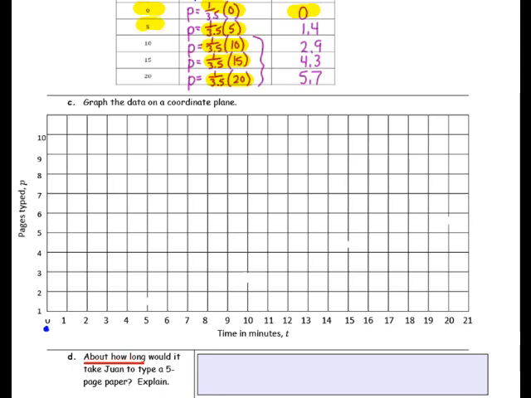Your next ordered pair is 5 minutes, 1.4 pages. Over to 5, up to 1.4. The next ordered pair is 10 and 2.9. So we go over to 10 and up to 2.9 to graph that ordered pair. Pause the video and graph the last 2 points.